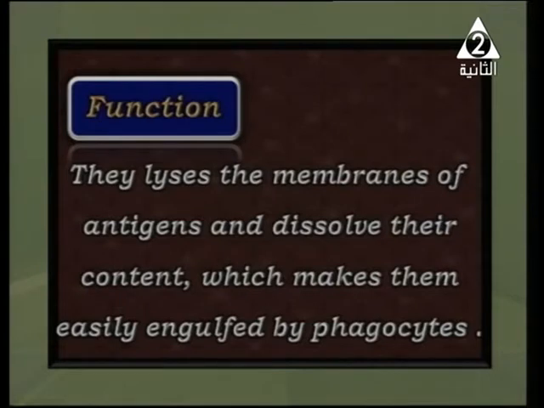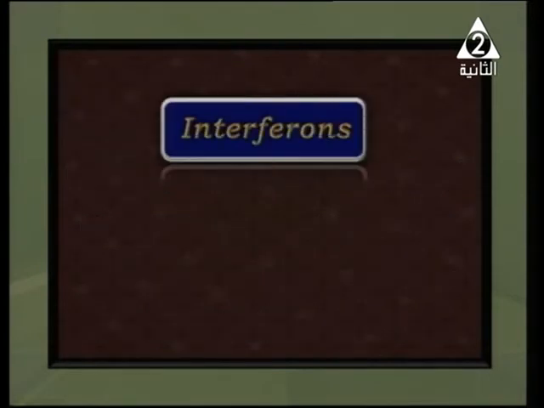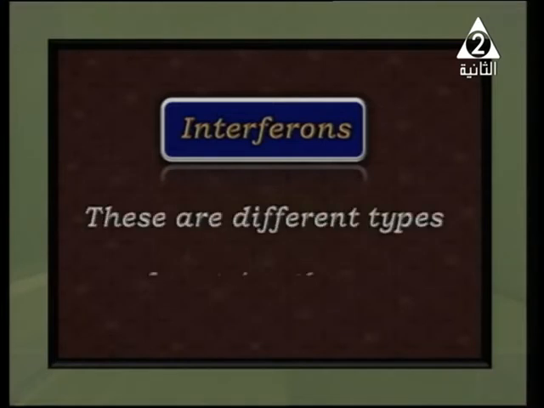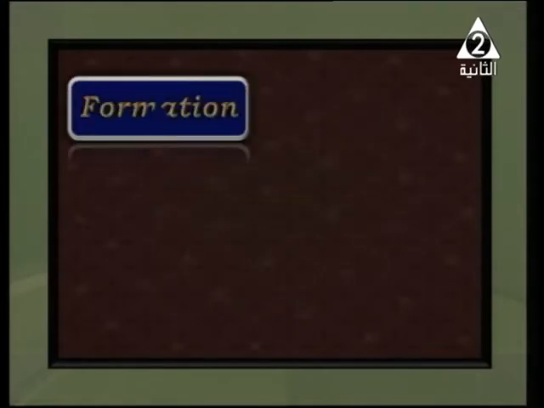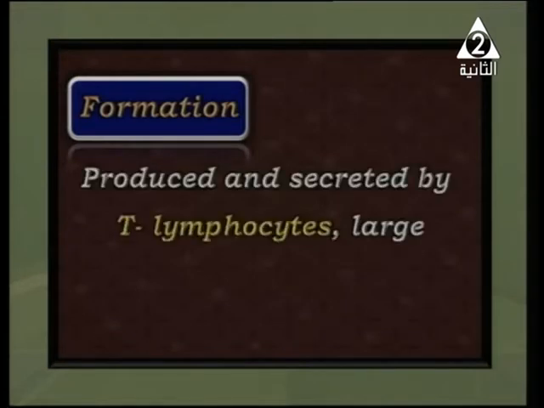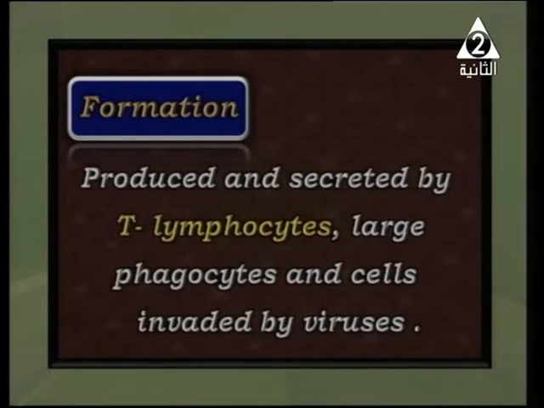Also, we have the interferons. They are different types of proteins, and we need to know their formation and their function. Starting with the formation, they are produced and secreted by T lymphocytes, the large phagocytes, and cells invaded by viruses.